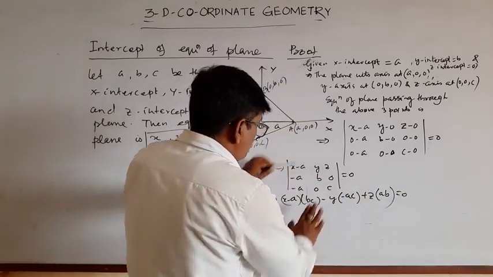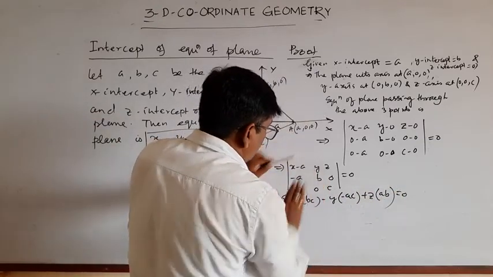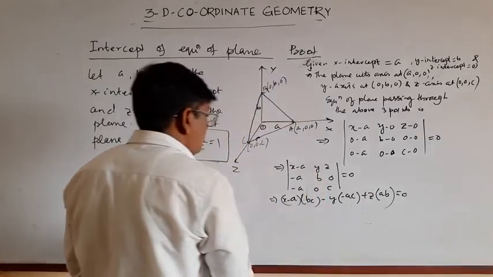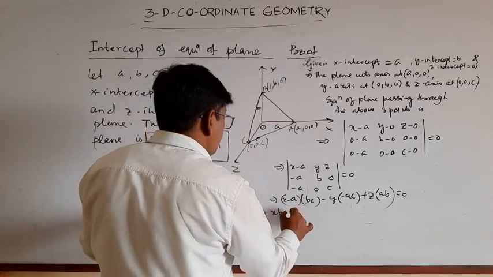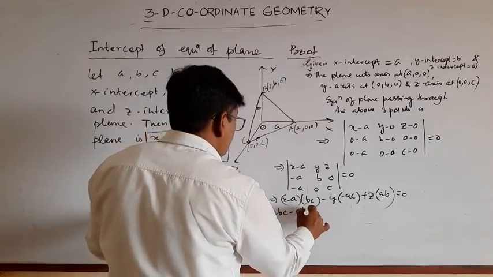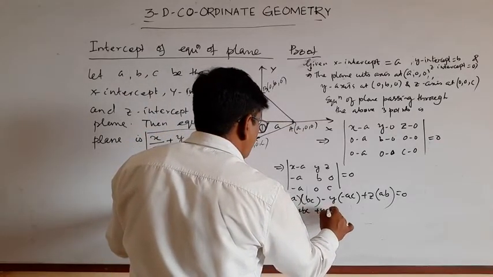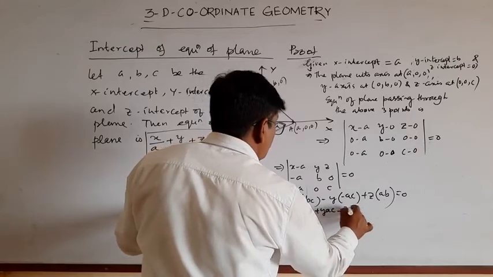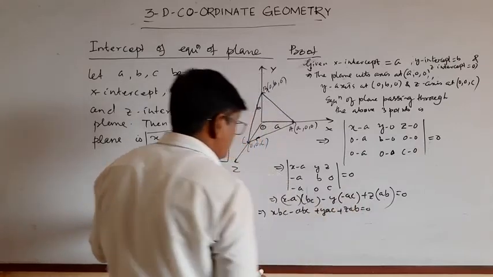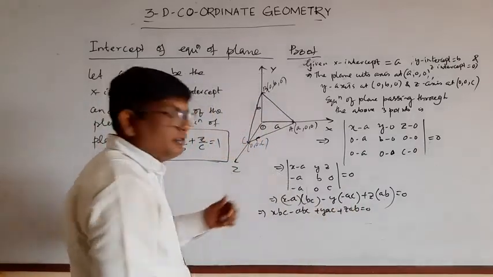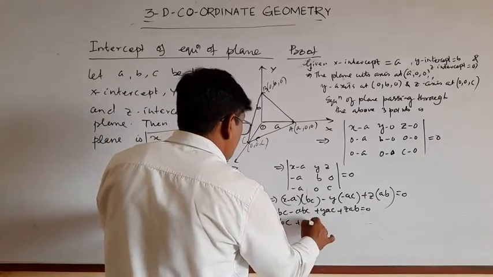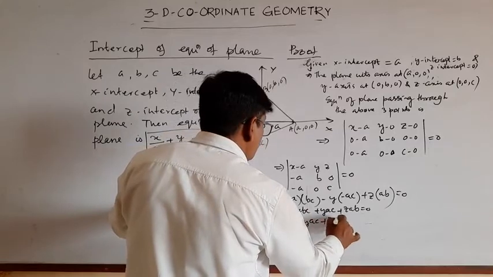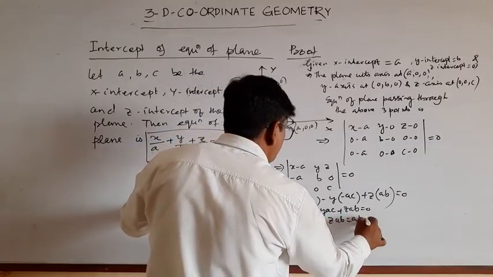Multiplying, that is xbc minus abc plus yac plus zab is equal to 0. So take abc to the right side: xbc plus yac plus zab is equal to abc.